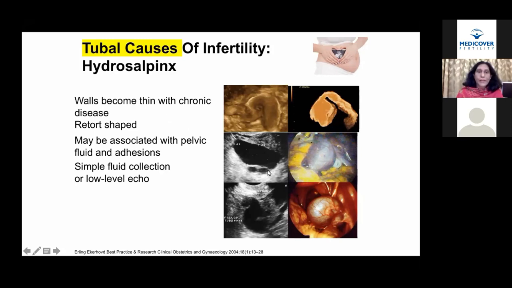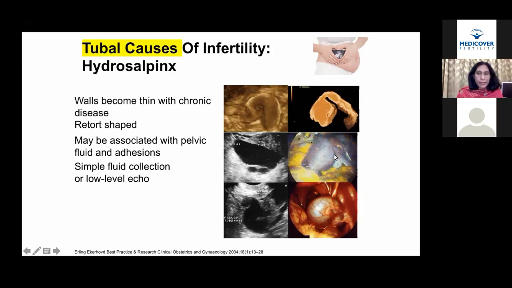The wall becomes thin and they become retort shaped. It may be associated with adhesions. You will find that there is difficulty even in locating the ovaries. If there is an active infection, there may be slight pain also when you are using the probe. So there is a simple fluid collection inside.